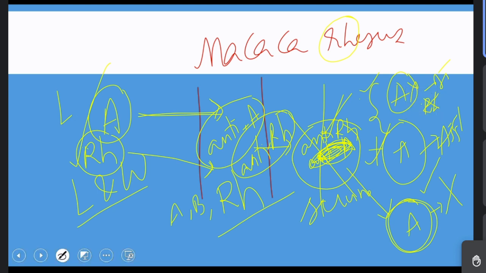If she has Rh antigen, this anti-Rh antibody reacts with Rh antigen and agglutination takes place. So why has agglutination taken place in these two persons? Because they have Rh antigen, and the anti-Rh antibody reaction has taken place. Why not in Nagendra? Nagendra does not have any Rh antigen at all, hence there is no clumping reaction.